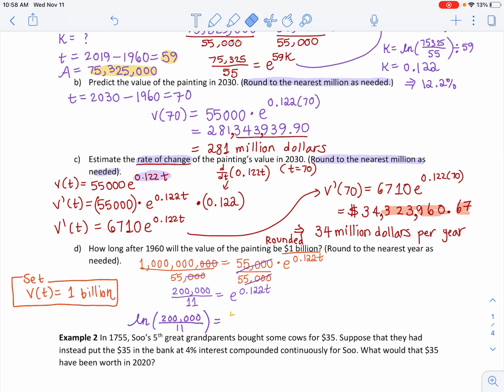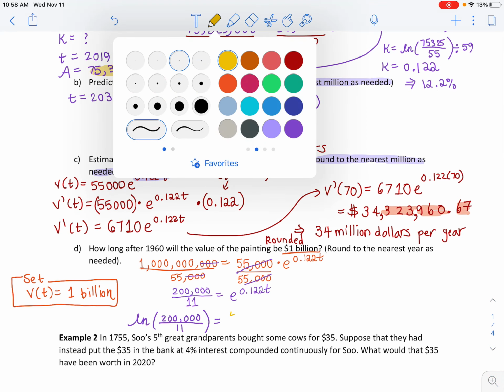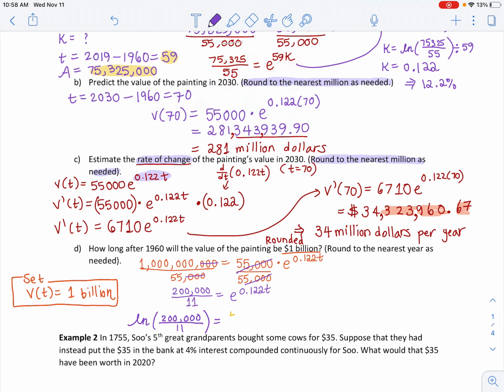So the only thing that we will have left is 0.122t. Okay, so let's solve for t. t is equal to the natural log of 200,000 over 11, divided by 0.122. Make sure you close that parenthesis after the natural log though.